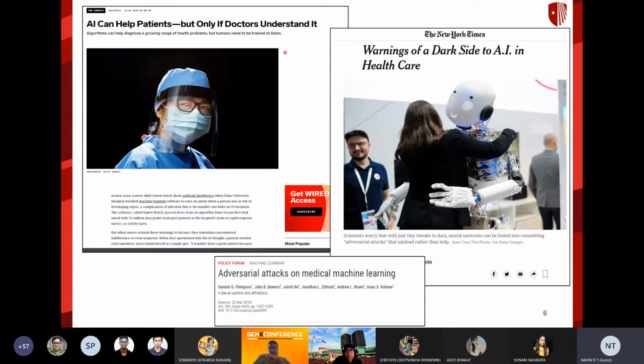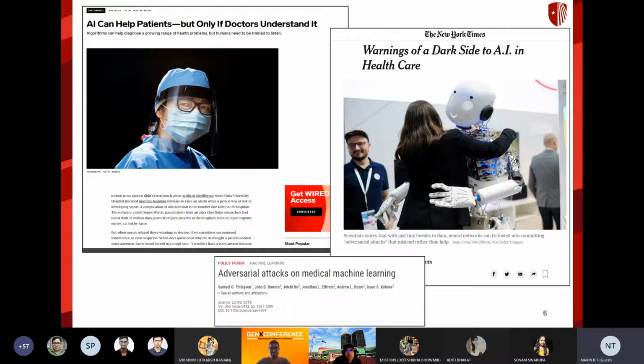There can also be other challenges that clinicians should be wary of, and rightfully so, as shown in the New York Times article right here that says, warnings of a dark side to AI in healthcare. One such particular aspect is adversarial attacks, such as altering a few pixels of an image that can actually lead to change in diagnosis, for example.